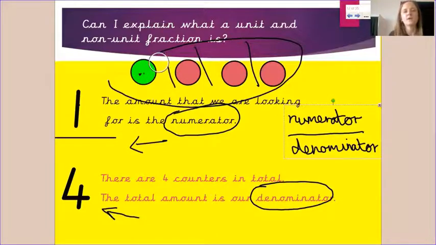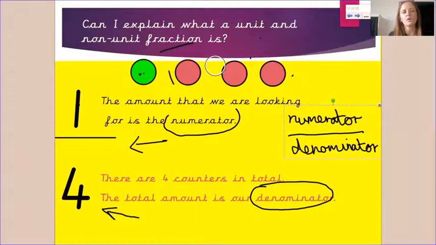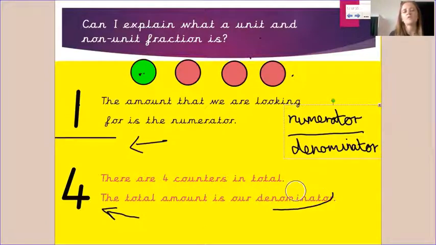So there are 4 counters in total, so our 4 is the whole. And the number at the top, the numerator, is part of the whole. So how many parts of the whole are we looking at? The green one is 1 part of the whole. The whole is 4. So it is 1 part of 4. Okay.